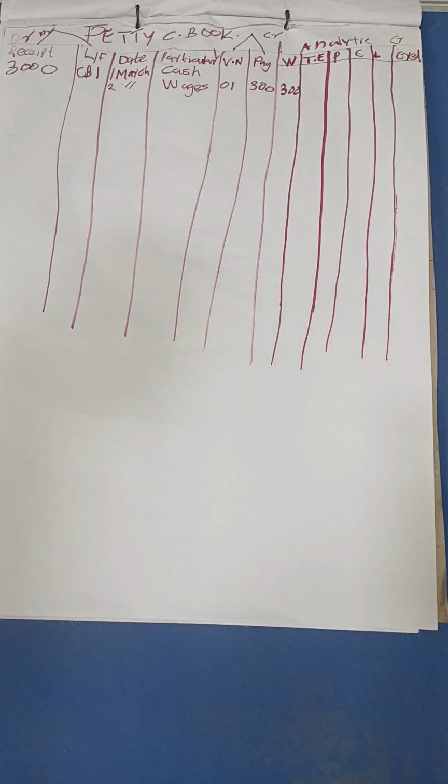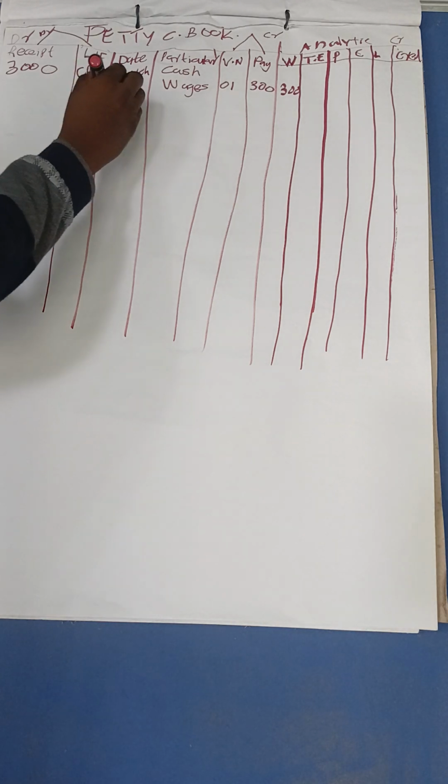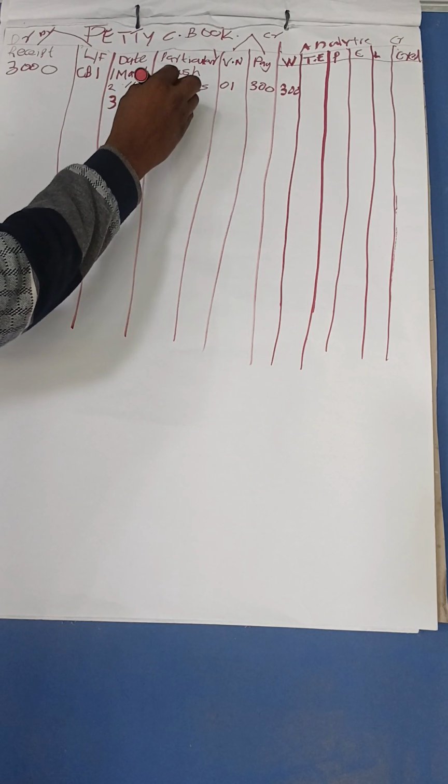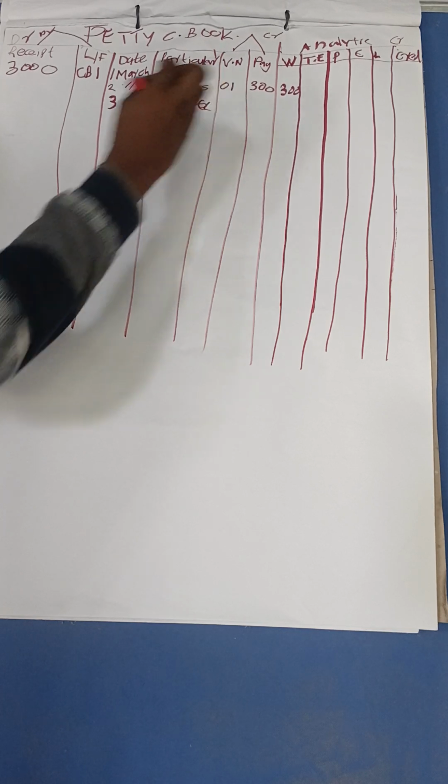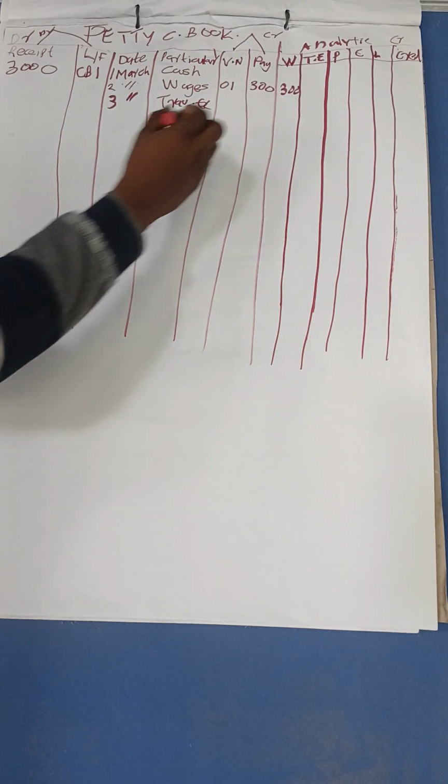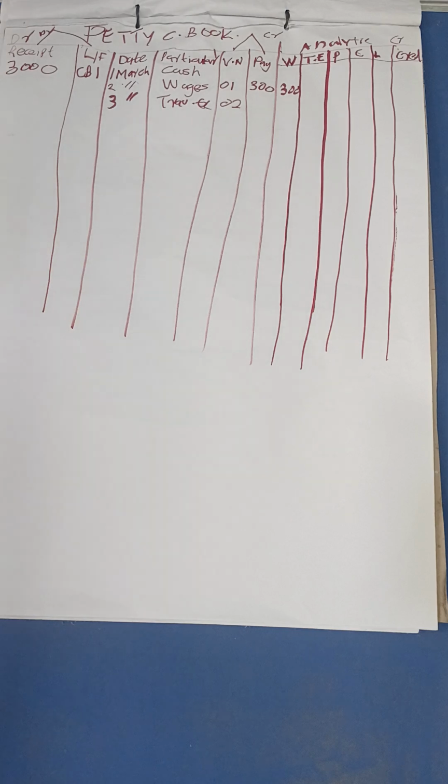On the third, traveling expense, 150. So I will write here third, traveling expense, voucher number 02. As we said in the books of accounts, we record transactions in chronological order, meaning we start with the first transaction as it happens.